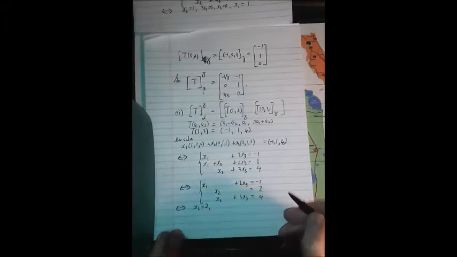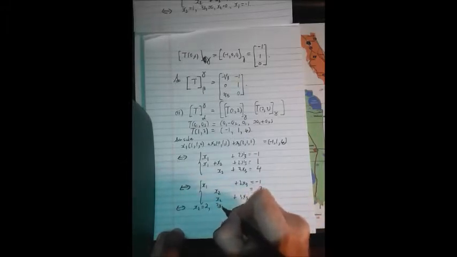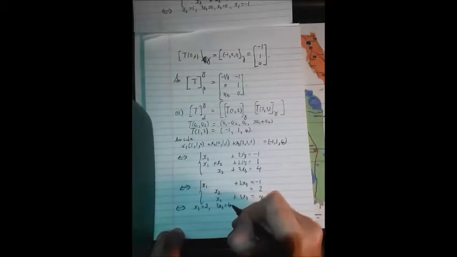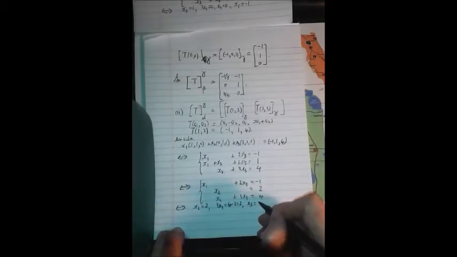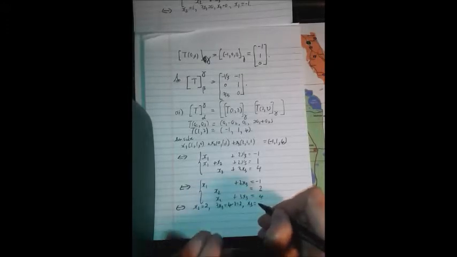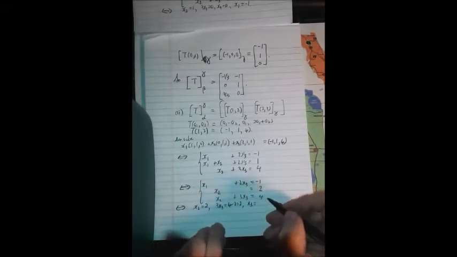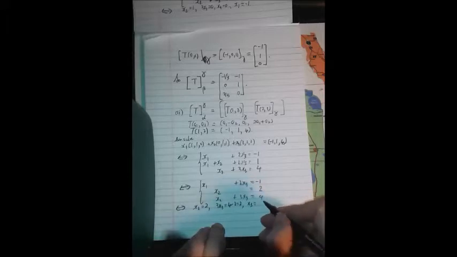The third equation tells us that 3x3 is 4 minus 2, which is 2, and x3 is 2/3.